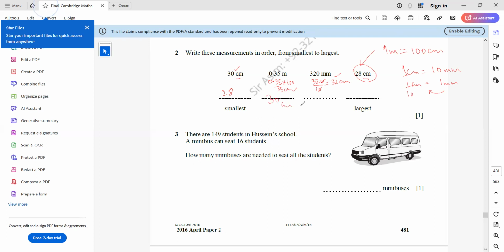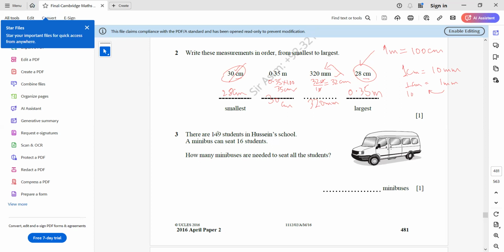Then it is 32 centimeters, which was the amount 320 millimeters. So this is going to be the second last, and then finally it is going to be 0.35 meters. So this is how we order them for 1 mark. Okay. After this, now it is question number 3.